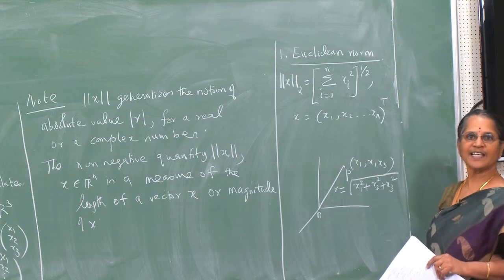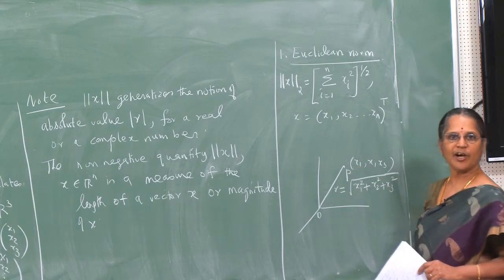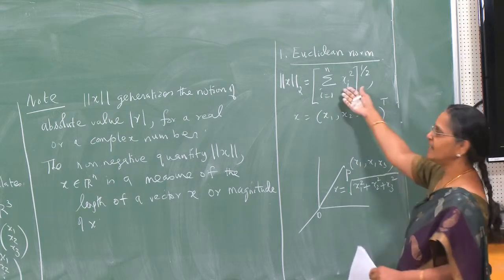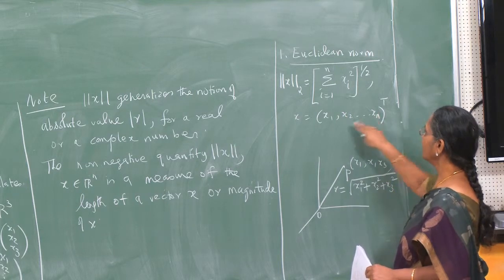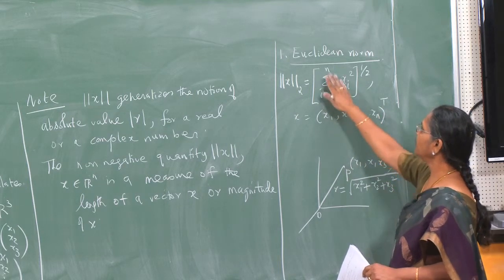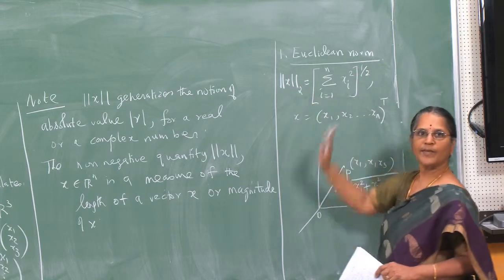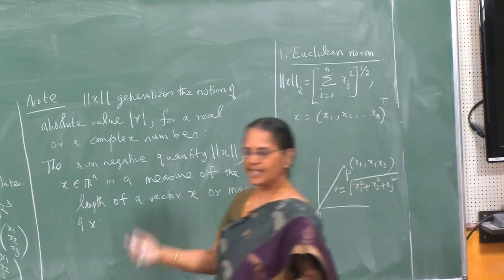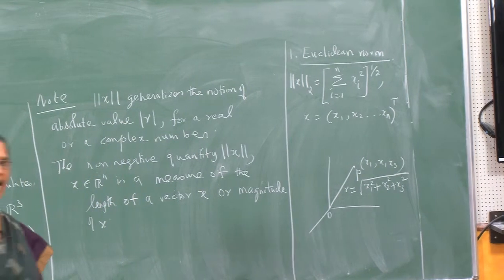That represents the length of this vector or the distance of the point P from the origin. This is extended. You consider all the components of the vector, square them, add them, take the square root, and that is denoted by norm x2. So, this represents the length of the vector x in Rn.